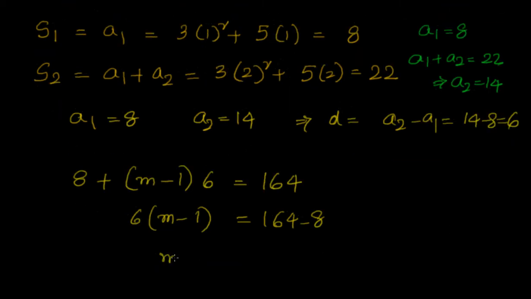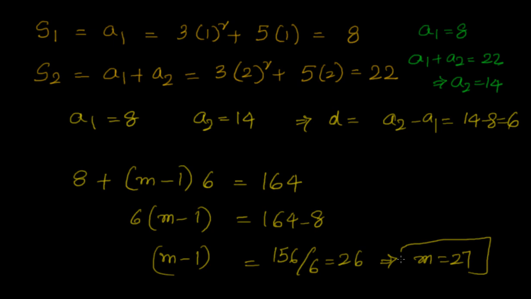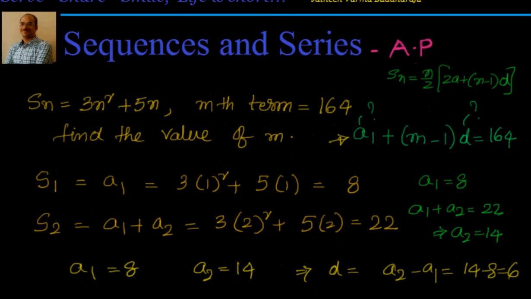So m minus 1 equal to 156 by 6, that's equal to 26. That gives you m equal to 27. So the 27th term is equal to 164.